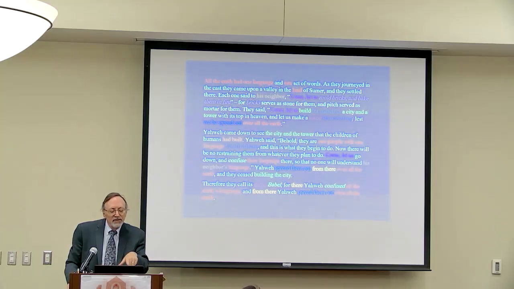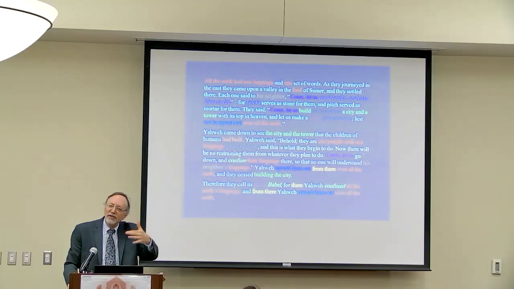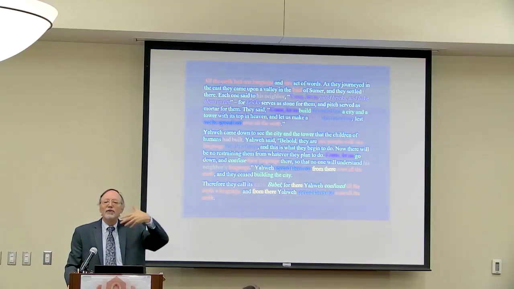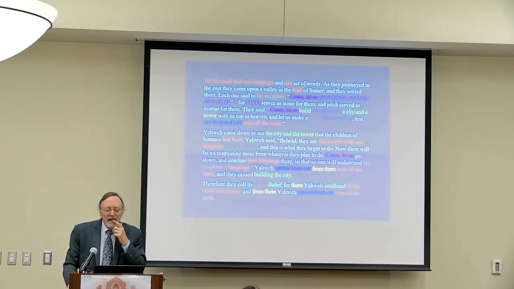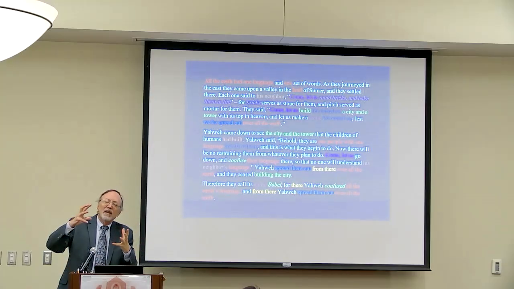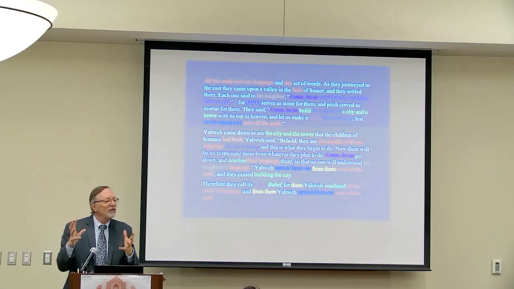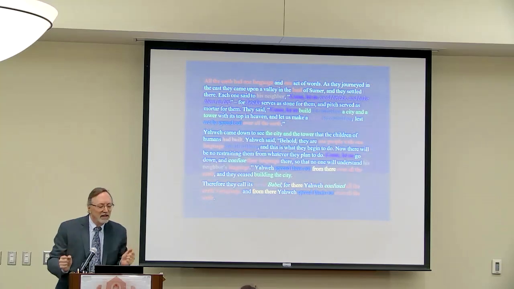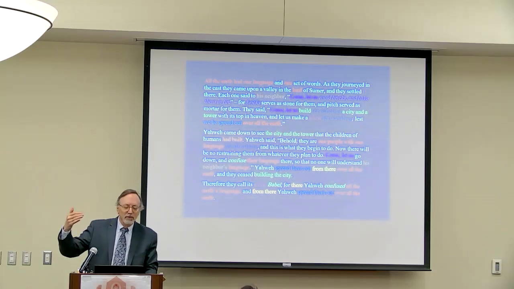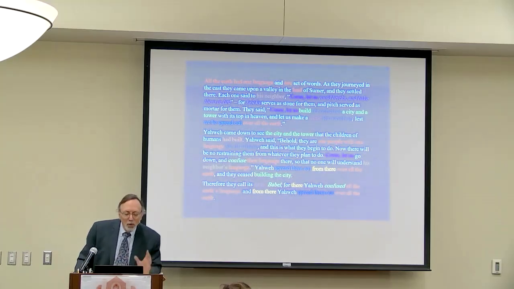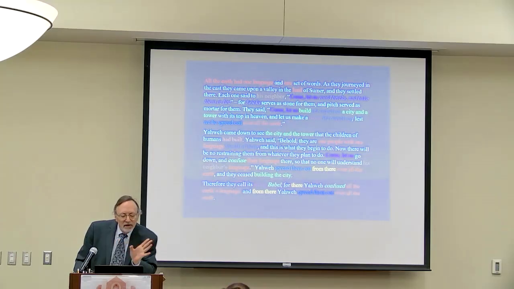In the second part, there are things that are referring to, echoing, repeating things in the first part. And in each case, there's a kind of irony that the people's initial intentions go really bad. Not only does one people with one language become a bad thing, the idea that they're going to build themselves a city and a tower is now the example of what, behold, now that they are one people with one language for all of them, this is what they begin to do.